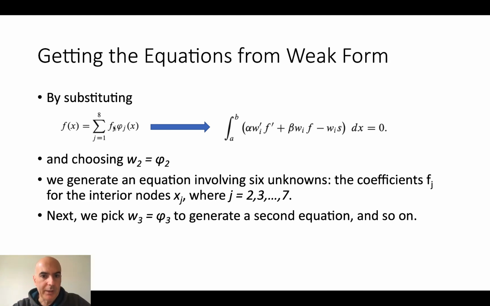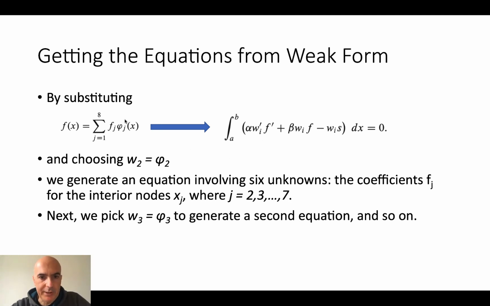In the first step, we are going to substitute this function here in this equation here, and then we are going to use one specific weight function, one that is also one specific nodal function, that is phi2. So we are going to do this step here, and then we are going to get w2, that is also phi2. So we're going to substitute in this equation here.